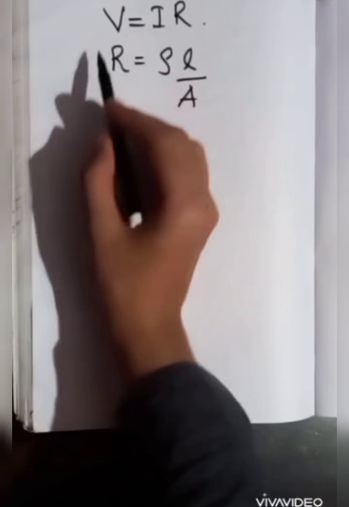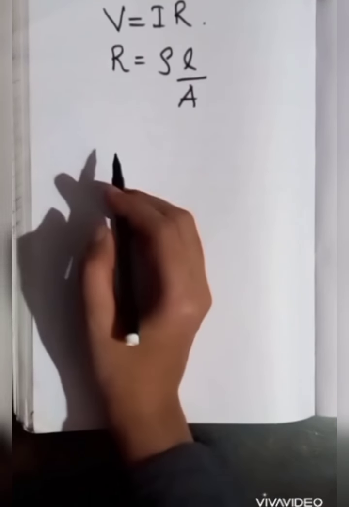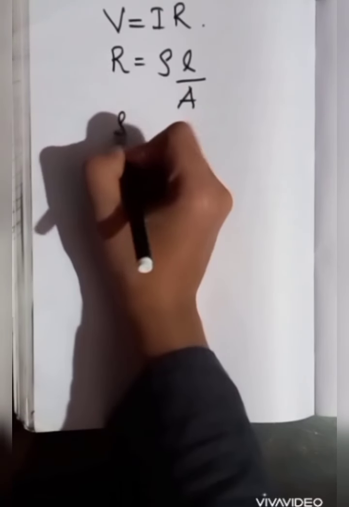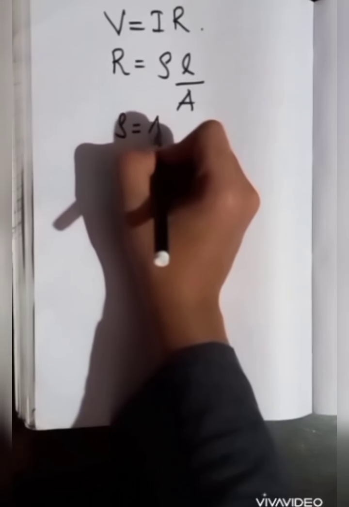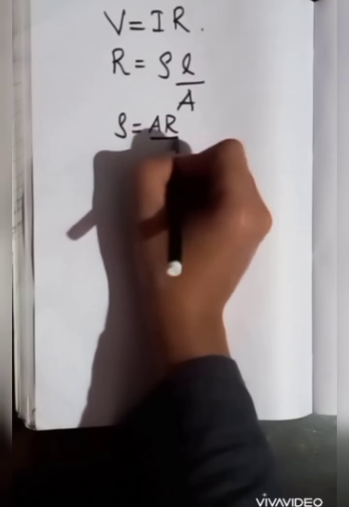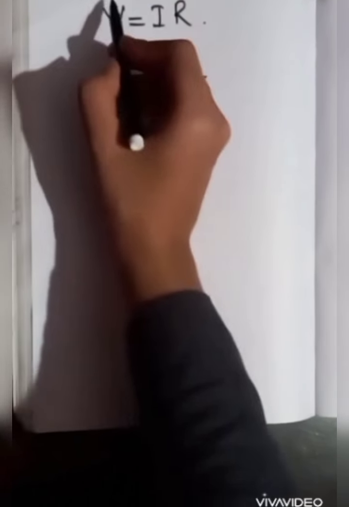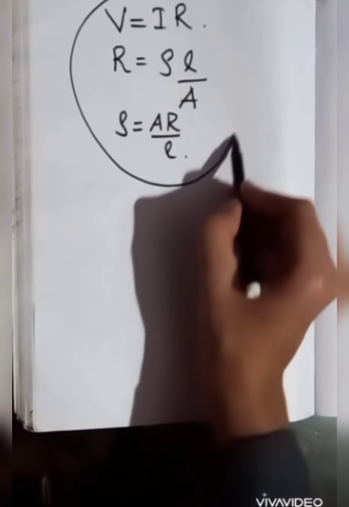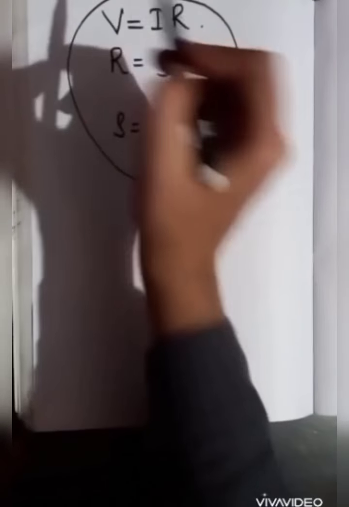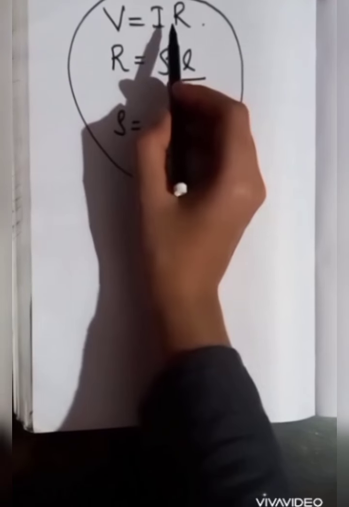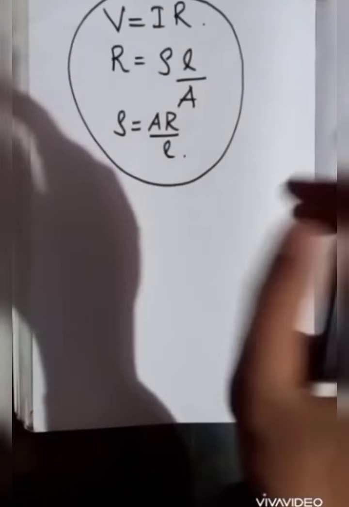We can write this equation in the form of electrical resistivity, that is, rho is equal to AR by L. These are the equations. Today we will do the problems relating to these equations.